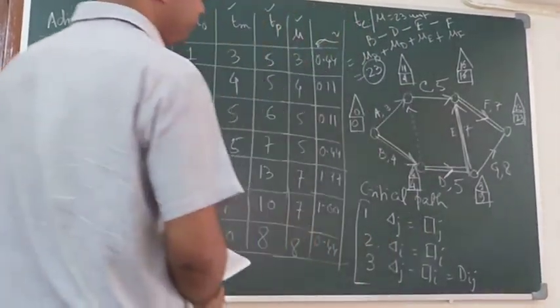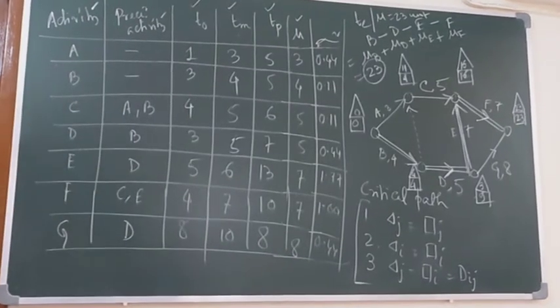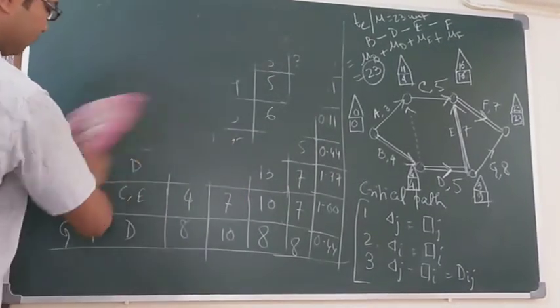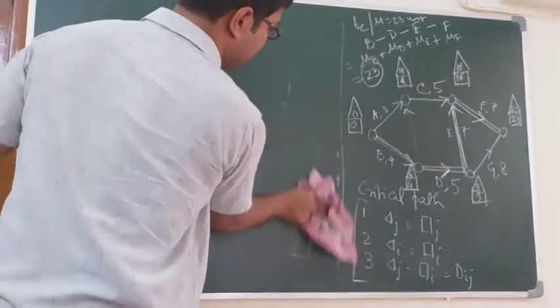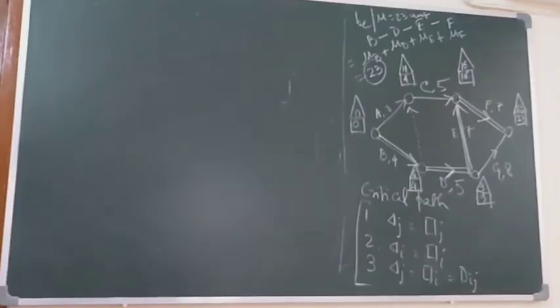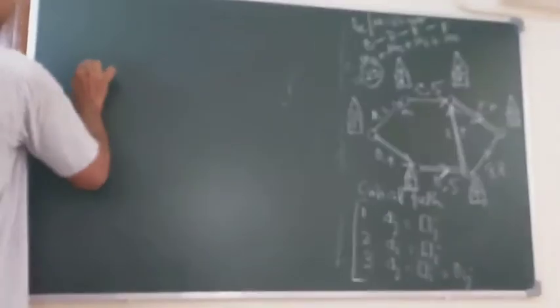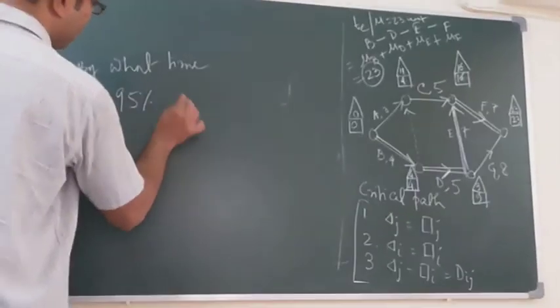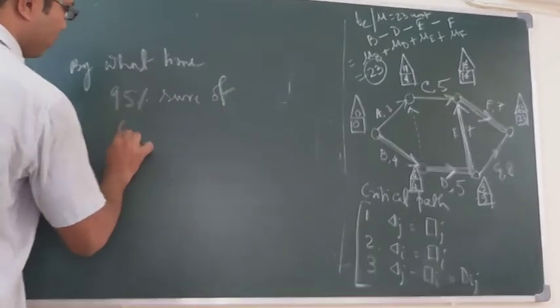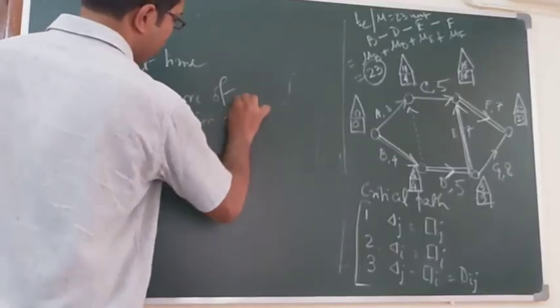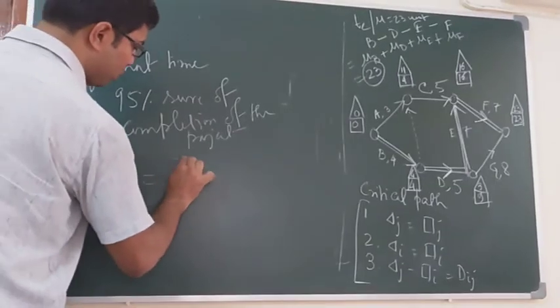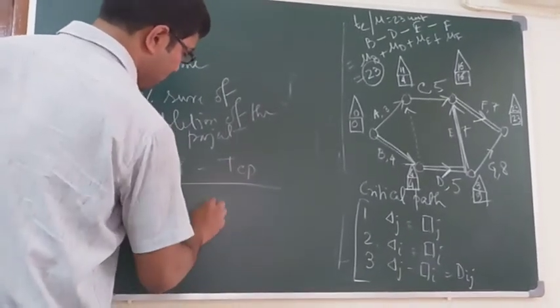Okay. Now, if you are asked by what time we are 95% sure of completing the project, the formula is Z is equal to T minus TCP divided by sigma.